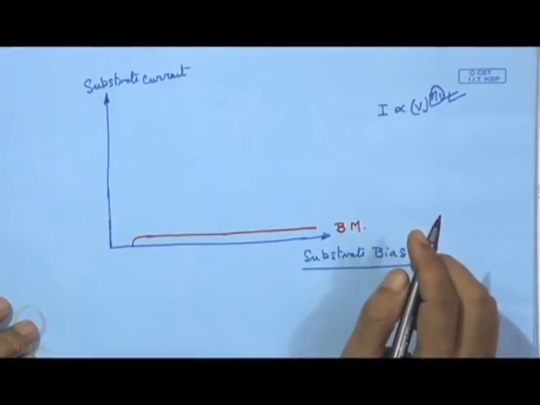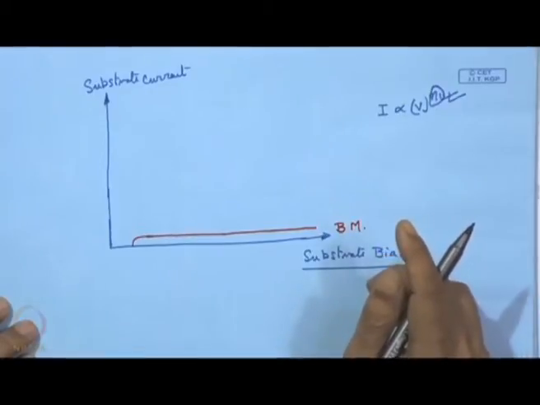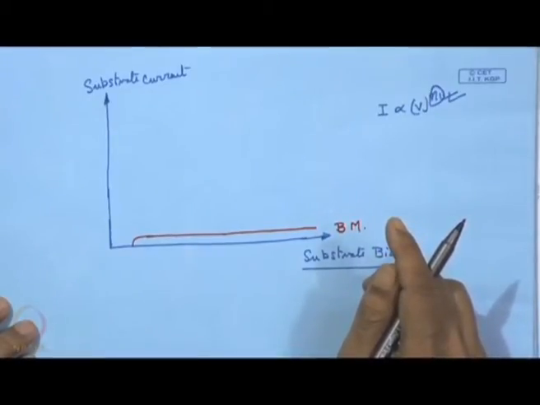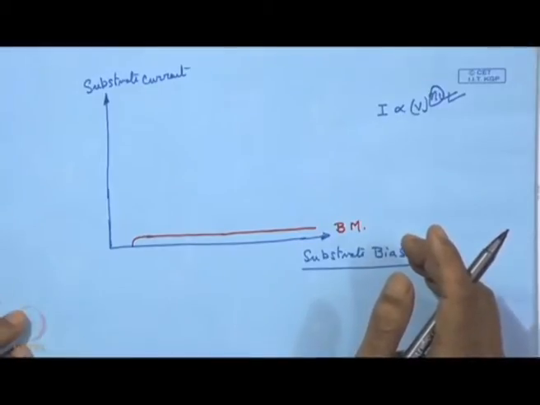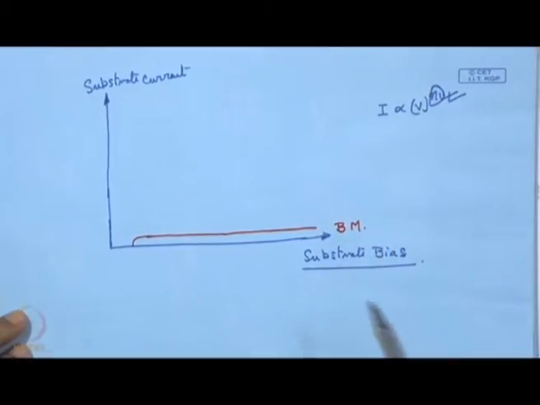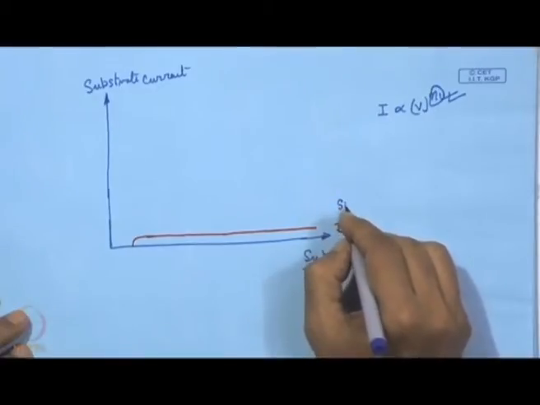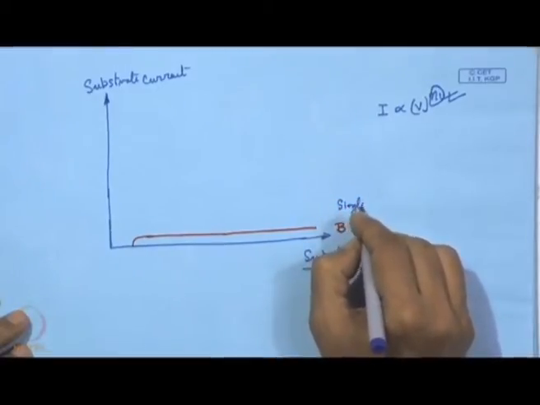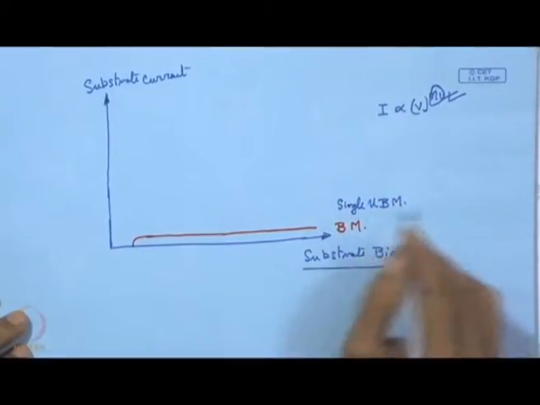So, in this case obviously one has to go for a better arrangement, how to extract more current, or how more ions will be directed towards the substrate. So, if one goes for a single target, it is a single-target unbalanced magnetron, UBM.